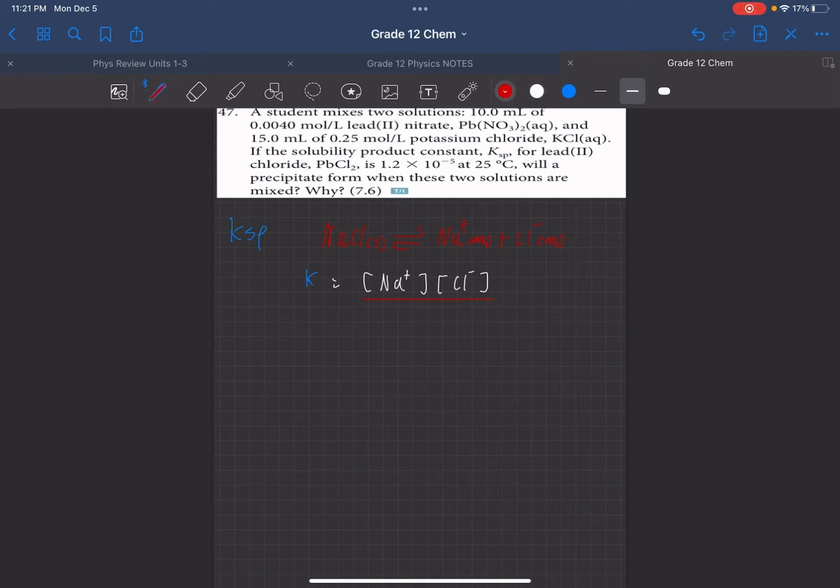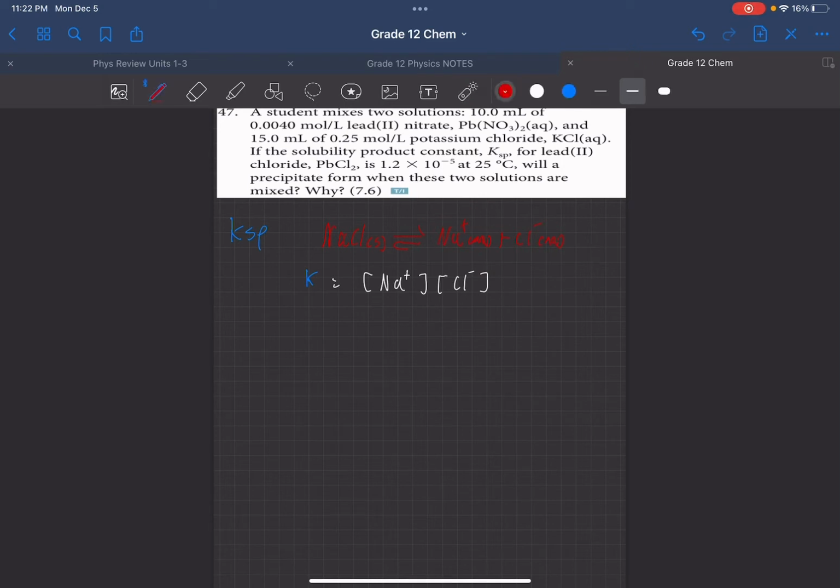So what is our reactant? Well, our reactant is NaCl salt, and it is a solid. We can't have a concentration of a solid. That's not possible. Thus why we leave it like this. And this is a solubility product constant. It is the product of the products, right? These are the products. Our ions are the products.